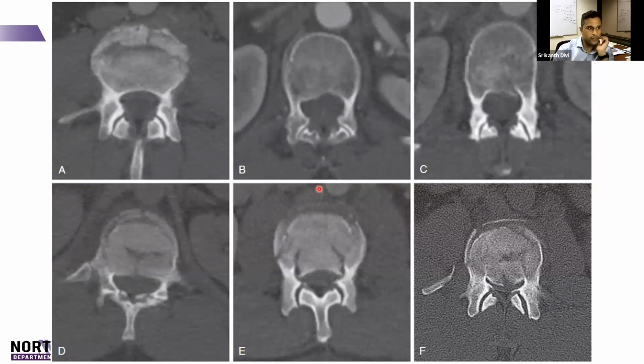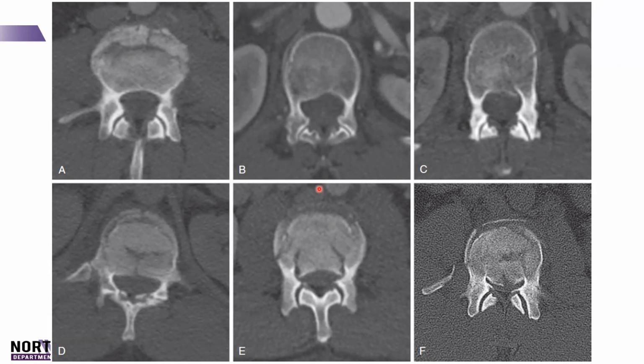So here, Manish, are several pictures of axial cuts for a vertebral body fracture. What do you see from the top left to the bottom right? It looks like there's an axial load applied to the vertebral body. There's a burst fracture.